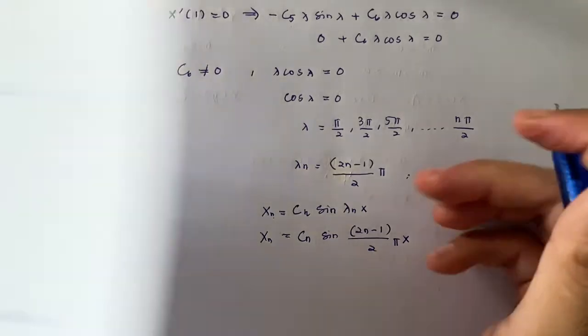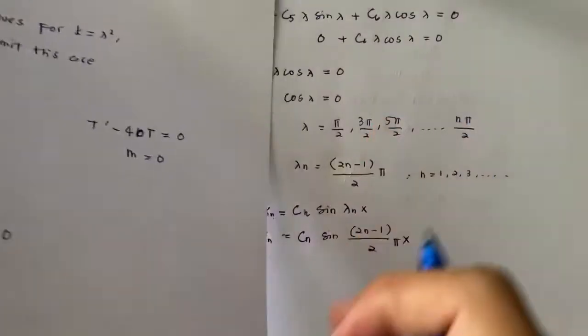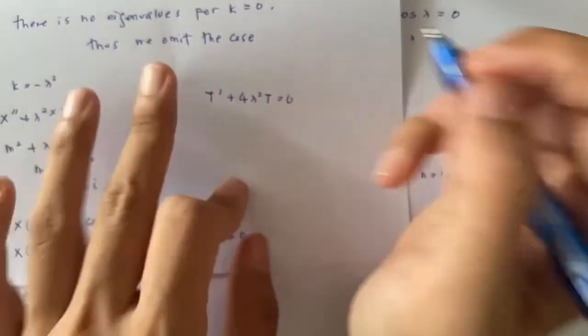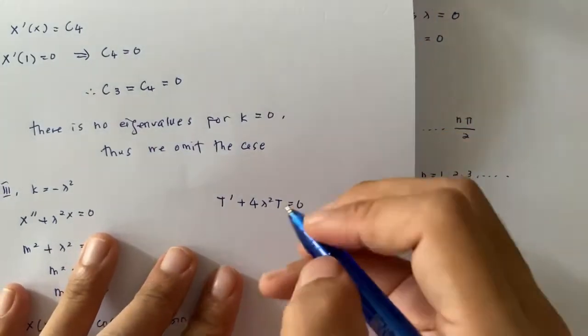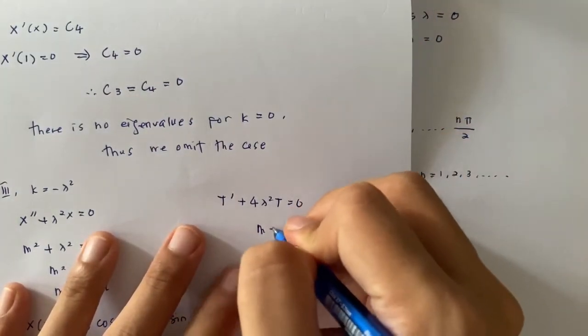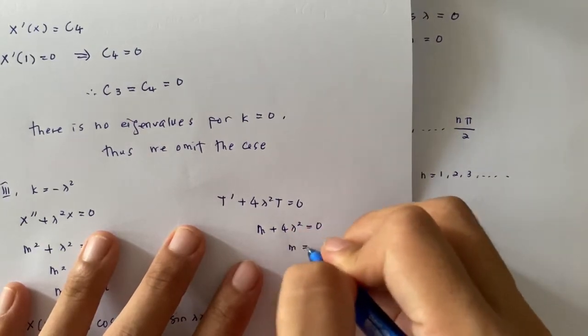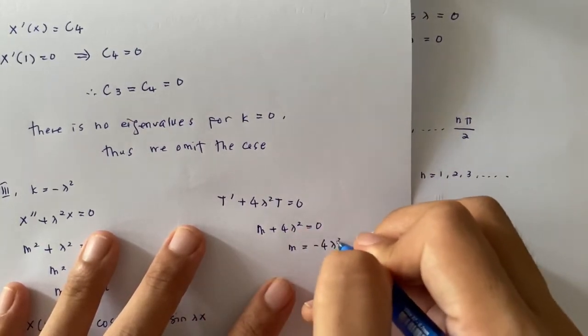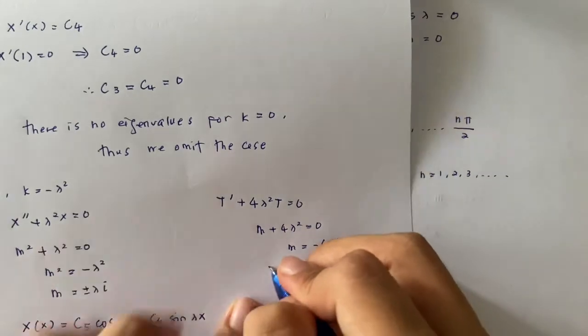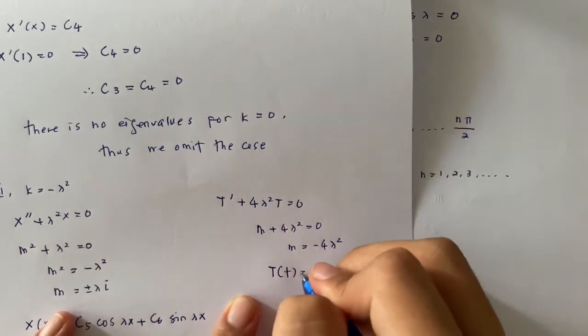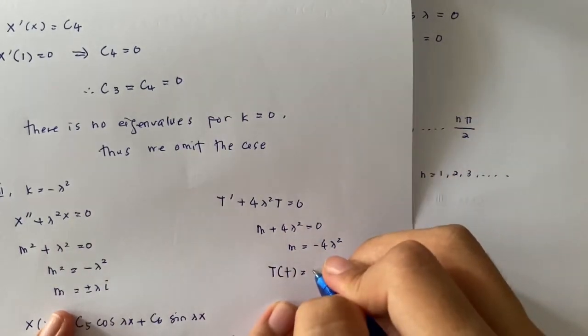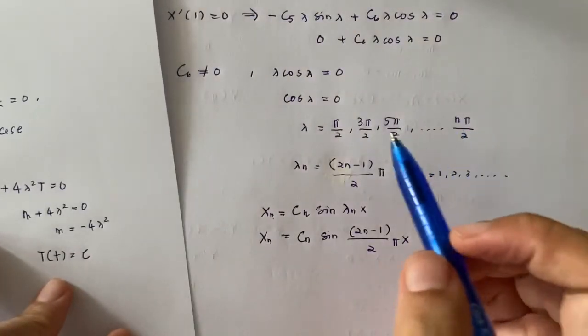Go to our t. Okay, t prime plus 4 lambda square t equal to 0. So m plus 4 lambda square equal to 0. So our m is minus 4 lambda square. So t is equal to c. What do we have now?